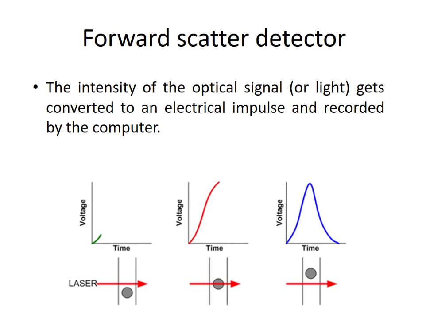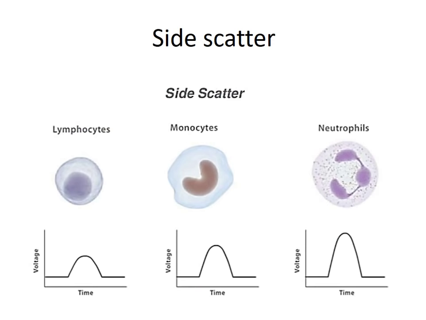But as soon as the cell comes into contact with the laser, light gets deflected and detected, and you get an increase in voltage. And of course, once the cell has passed, the voltage then decreases again. And this is the signal that enables us to tell how big the cell is. Okay? So that's how the electronic aspect of flow cytometry works.